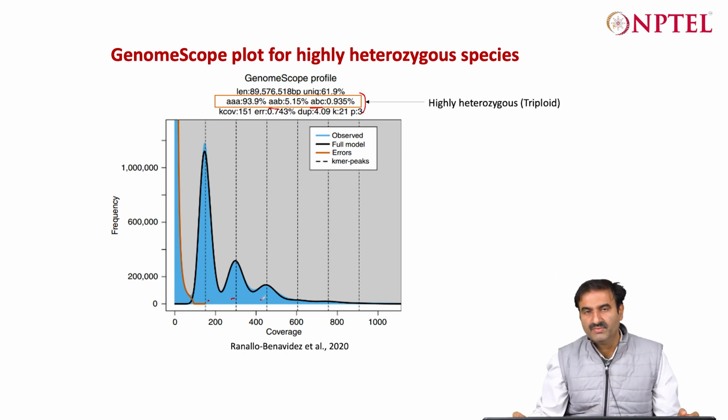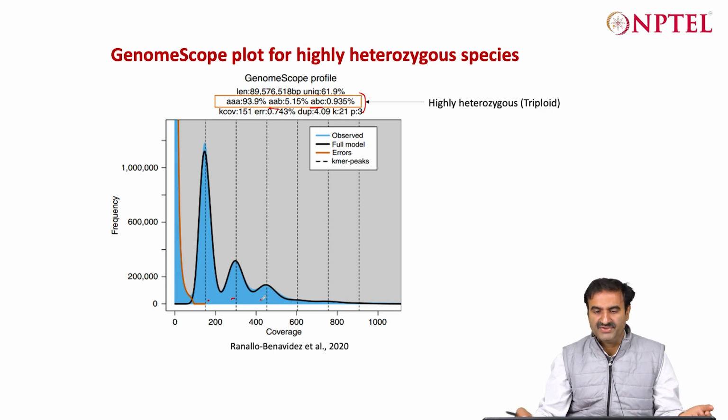So that means the genome is triploid. So it's a highly heterozygous genome, more than 6% heterozygosity, and will definitely pose a problem in assembly because it is heterozygous as well as a polyploid, triploid genome.